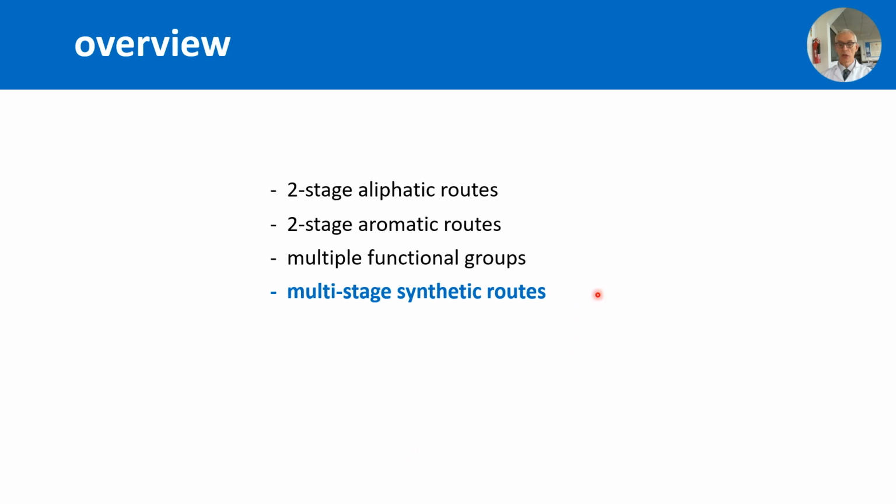Okay, so having looked at multiple functional groups and at two-stage aliphatic and aromatic routes, we need to move on to the complexity of multi-stage synthetic routes, that is 3, 4, 5-stage synthetic routes that may or may not involve more than one functional group.